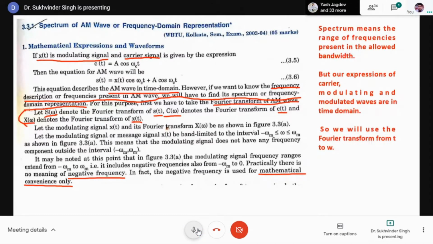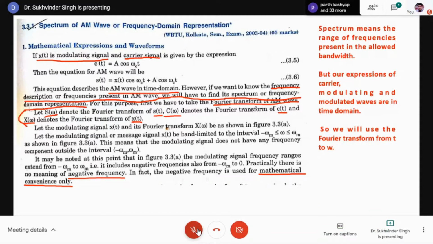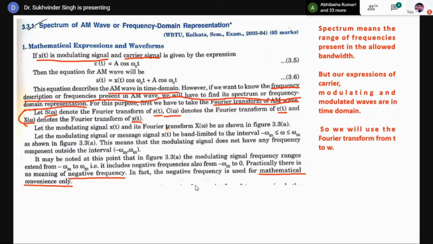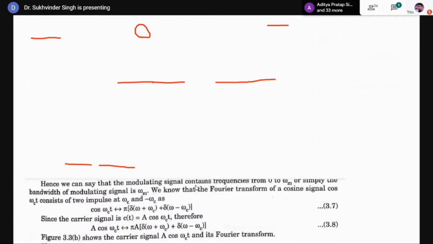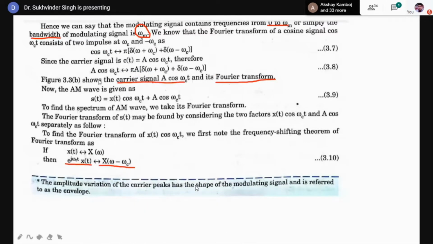Sorry for the interruption. So let us take the bandwidth in between plus minus omega m, and now let us try to convert the time domain equations into frequency domain equations by making use of Fourier transform as well as the trigonometric expressions for sine cosine functions. Now let us say that the carrier wave has two impulses, that is plus and minus omega c.